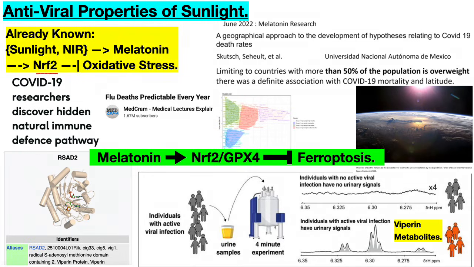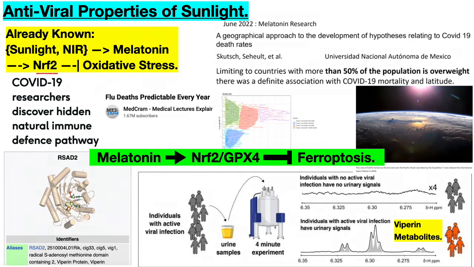It is well established that age, obesity, or diabetes are key risk factors for COVID mortality. Here, these authors are indicating that latitude and time of year, particularly lack of sunlight, is also a risk factor for COVID mortality.